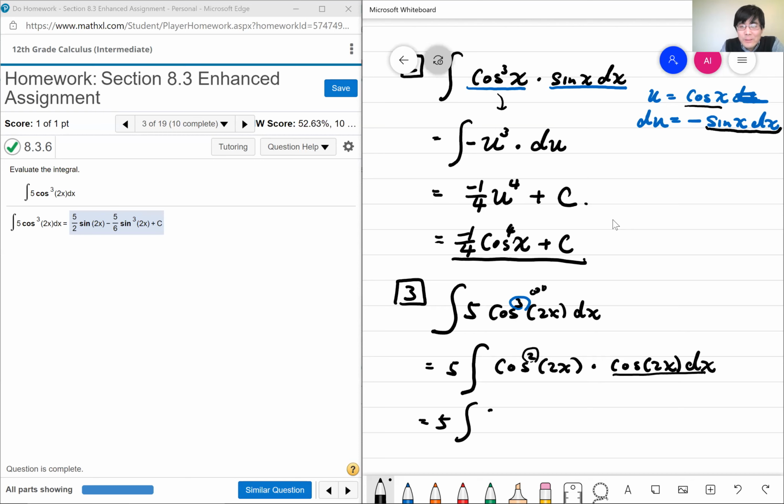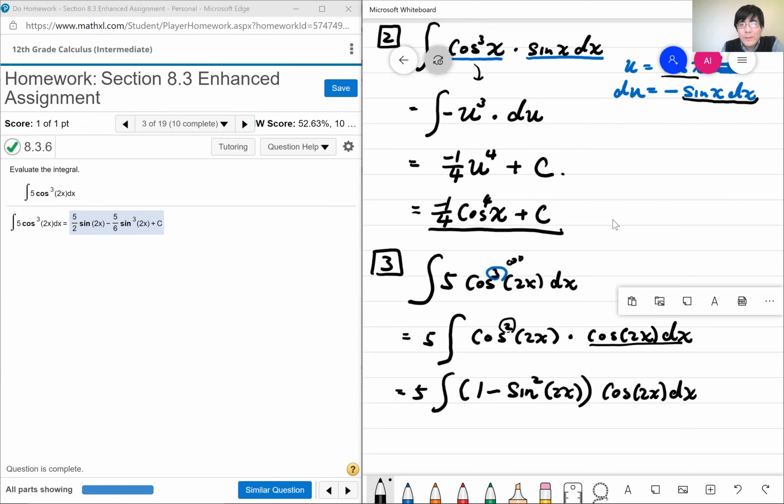Now, using the Pythagorean theorem, cosine squared becomes 1 minus sine squared. Now, just like the previous problem, you have a function of sine and the derivative of sine here. So let u is equal to sine 2x.